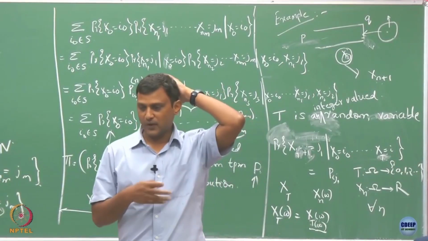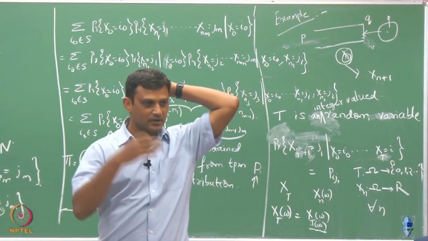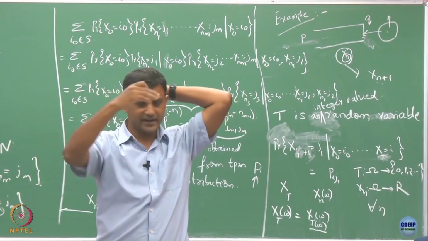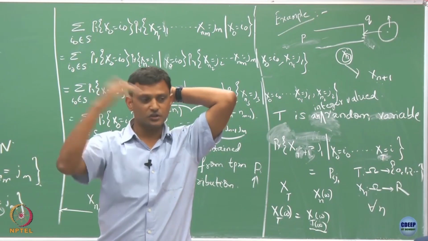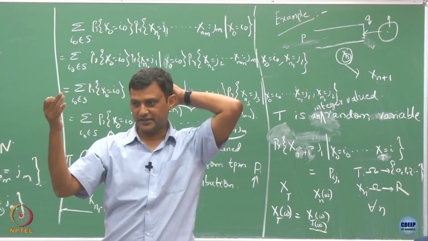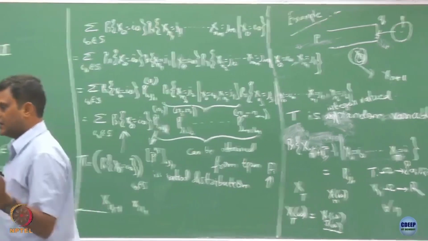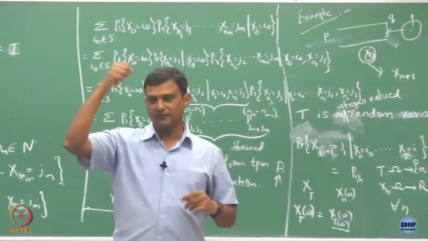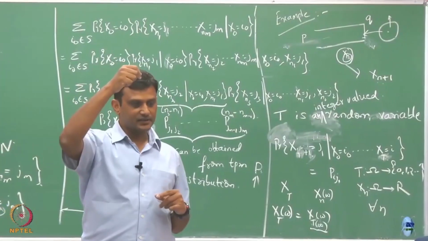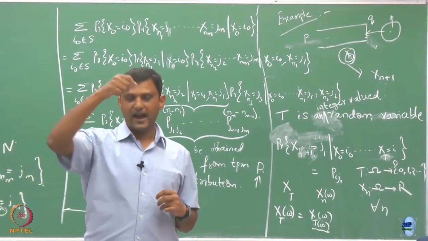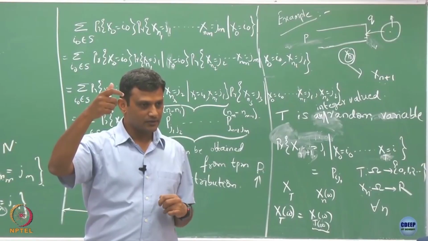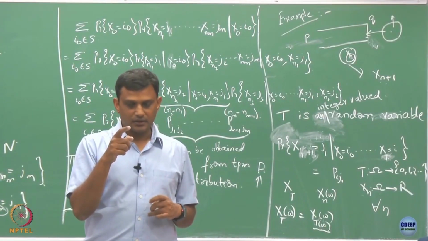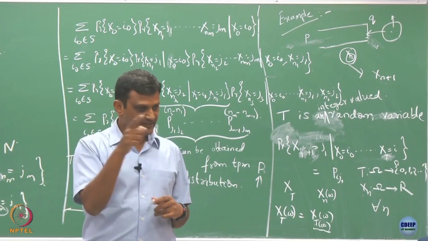So, you realize why I may be interested in knowing my value process at a random time, because you may want to put some conditions like that. For example, in the stock case you may ask, what is the value of my stock when it has exceeded 500 rupees. So, you will look for the time when it exceeded 500.